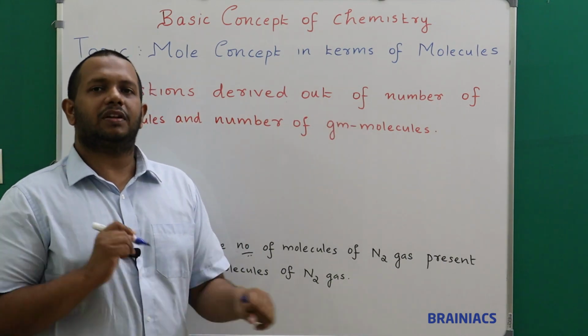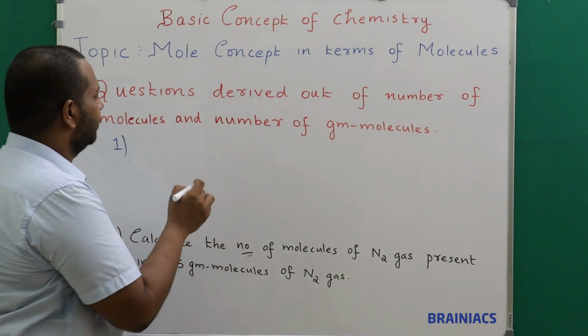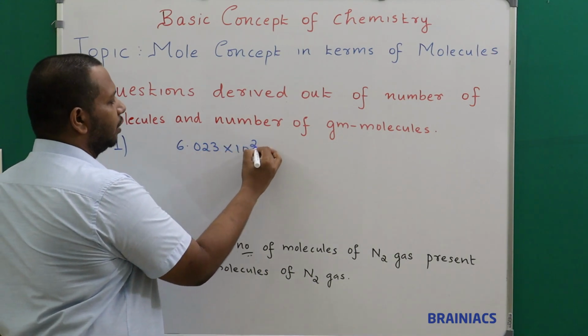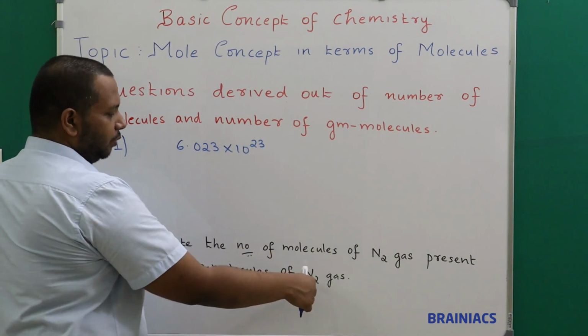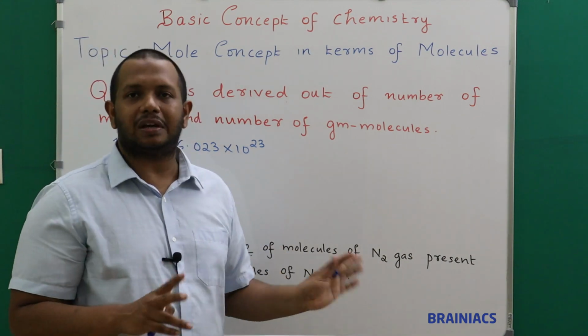Now tell me, what is the fundamental relationship between these two? Number of molecules means I can say 6.023 into 10 power 23. Which molecule are we speaking about? Gas. Whenever they say gas, it exists as a molecule, we know. So it is the nitrogen molecule.